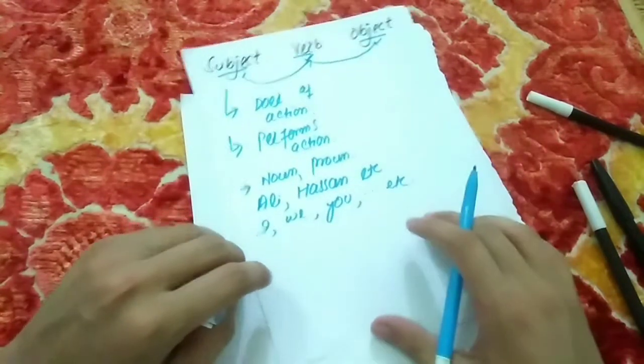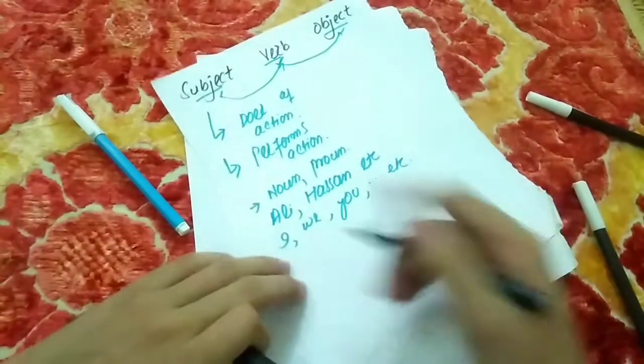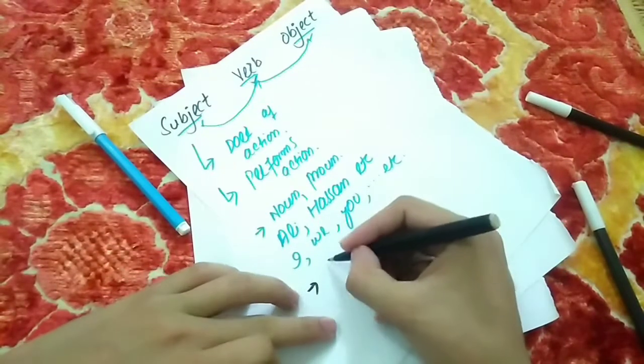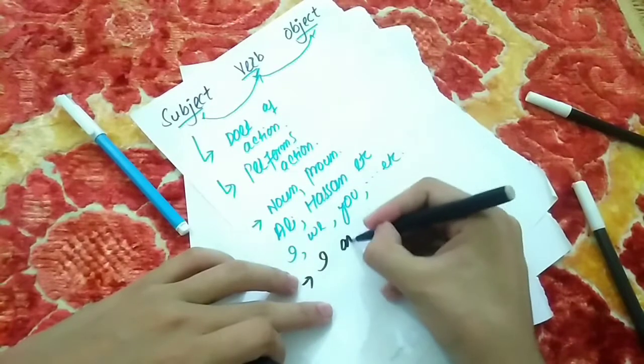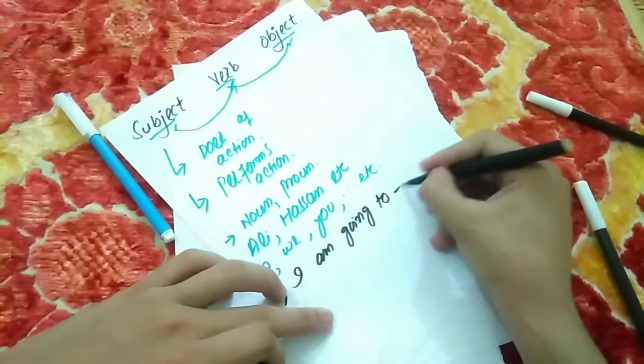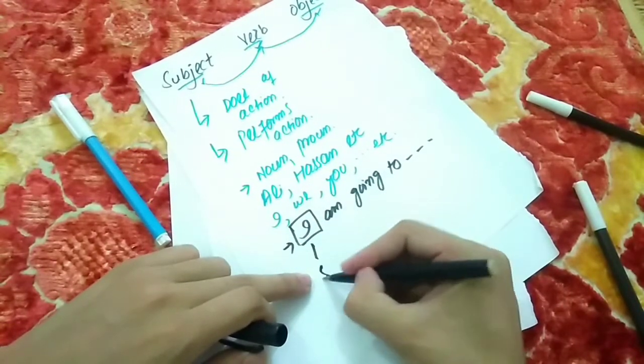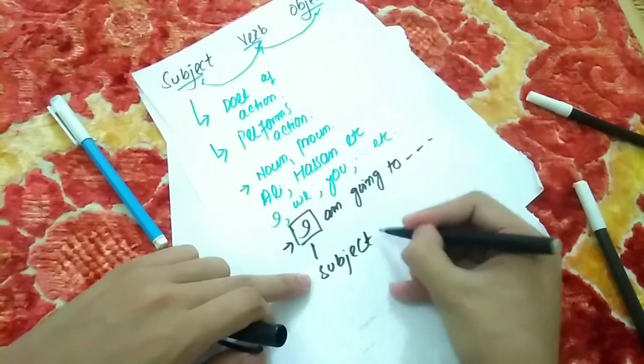Now I'm going to write a few examples here. Suppose I say, I am going to. Here we have the subject, because who is performing this action?